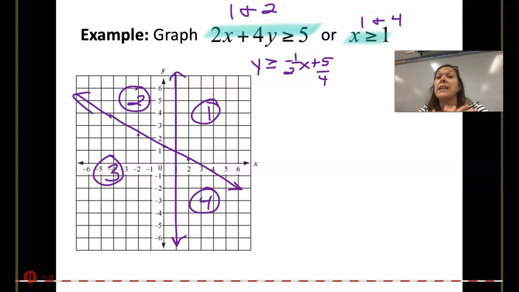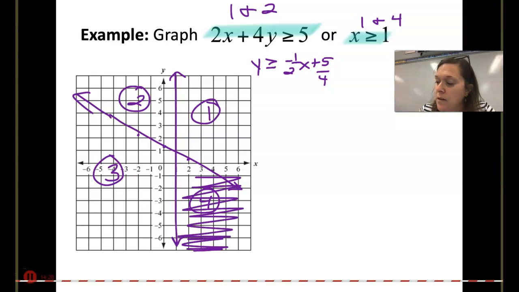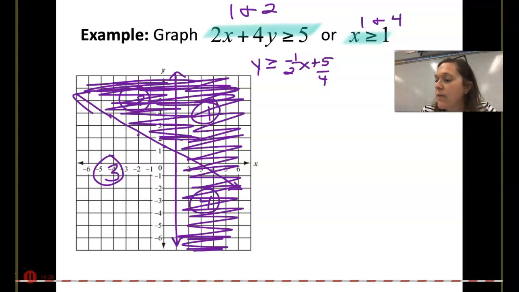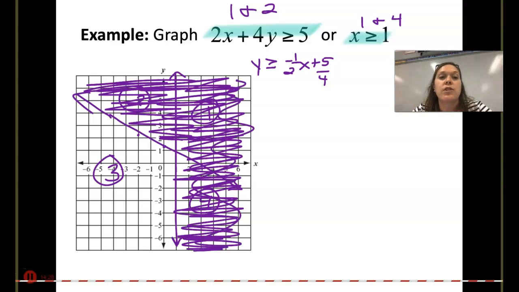So pretty much I'm shading everything but region 3 because I don't have a 3 anywhere in there. So my solution area is all of 4, all of 1, and all of 2. So I'm going to shade all of that. So everything but region 3 would be a solution. Okay?